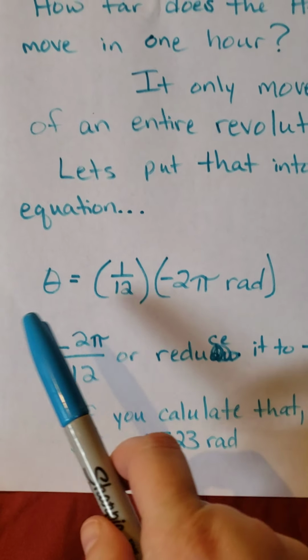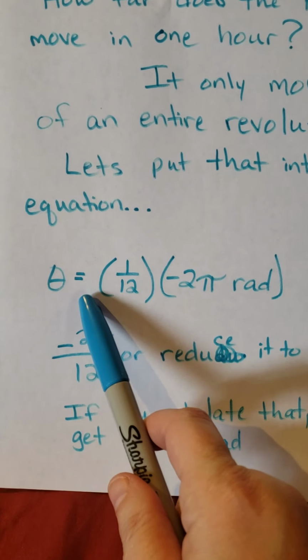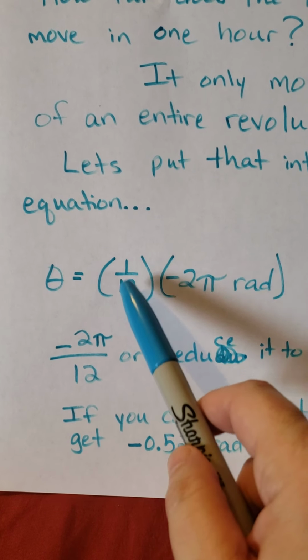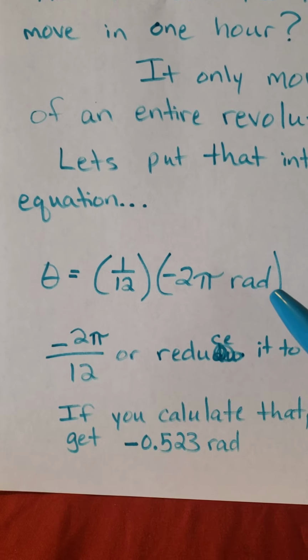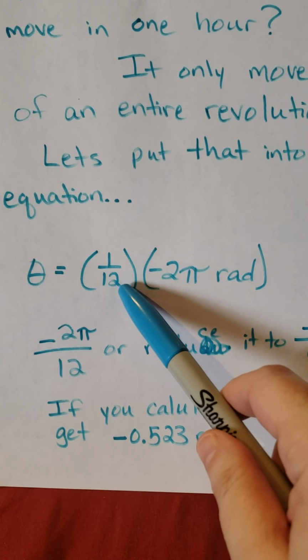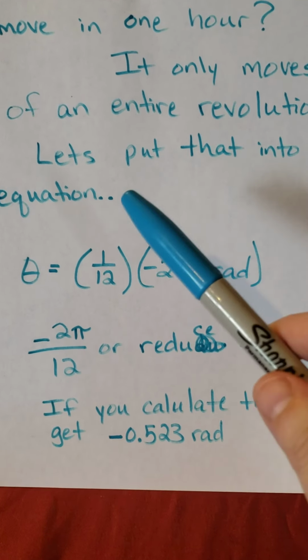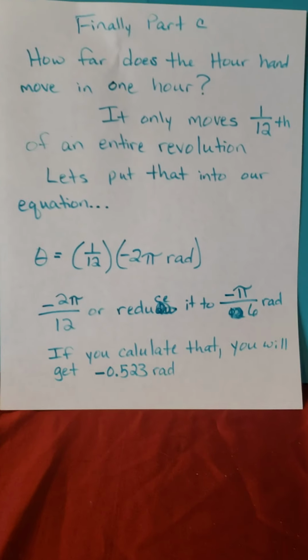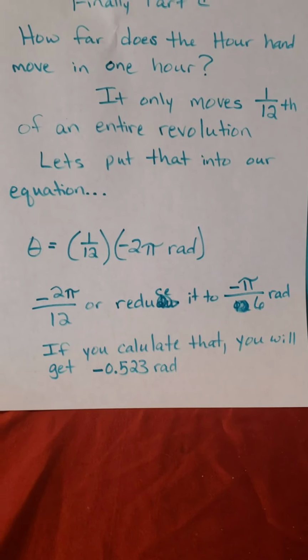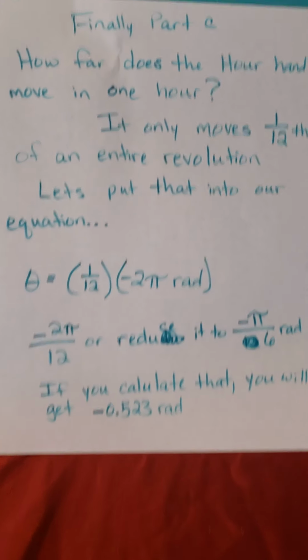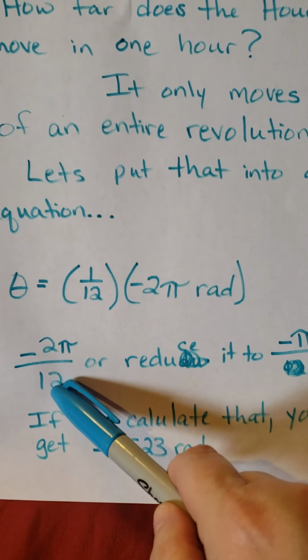Our theta is going to be equal to 1/12 times negative 2 pi radians. Again, the 1/12 is revolutions, but when we use radians, we can drop the revolution from the equation. So we get negative 2 pi over 12.